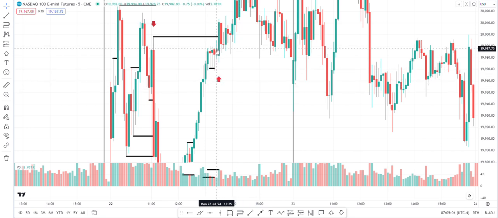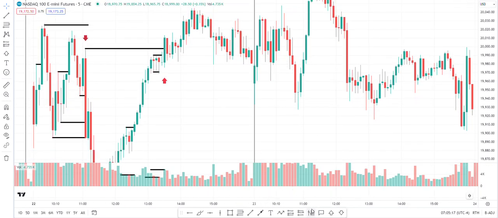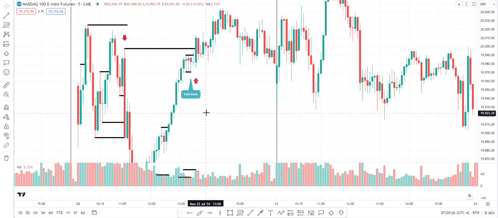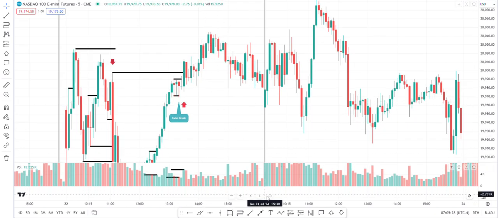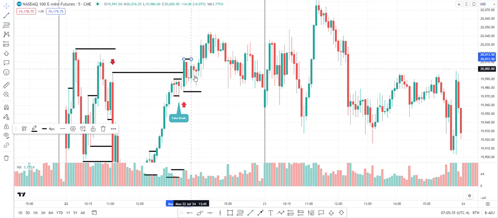Here you could see something similar, but after this candle, it's confirmed that it's actually a break, because here's another break of the swing. And then this would be a false break. Okay, now I've got a new swing low, never tested, and a swing high.